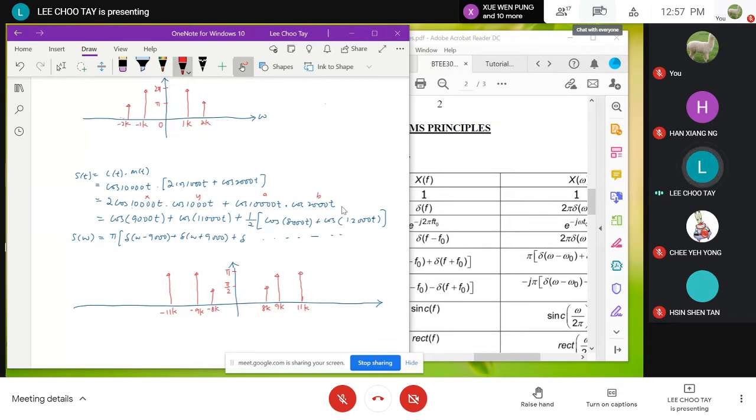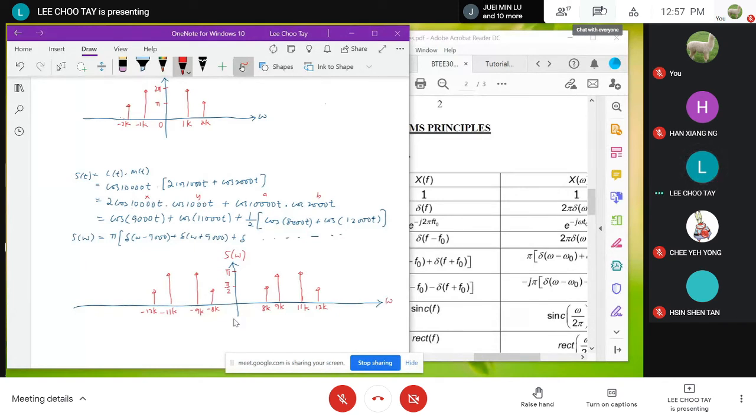And then this one, 12K, same thing, because the amplitude is half, that will be π over 2 as well. So that is the spectrum for your double sideband suppressed carrier signal for baseband signal number 2.